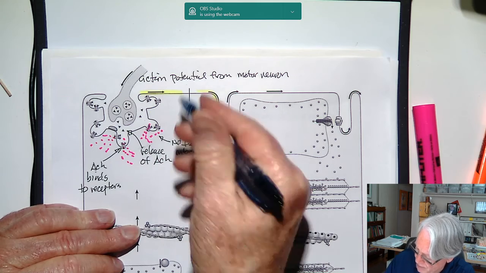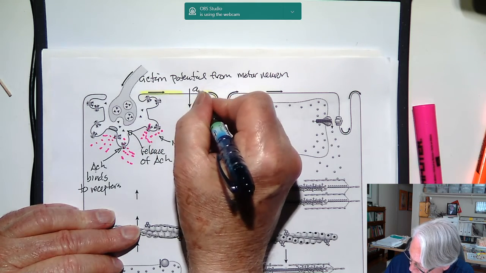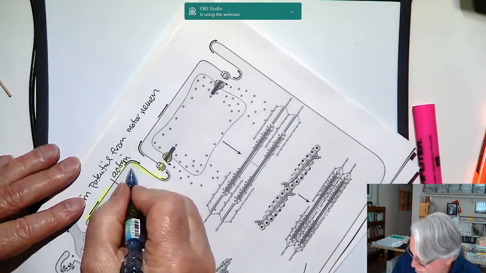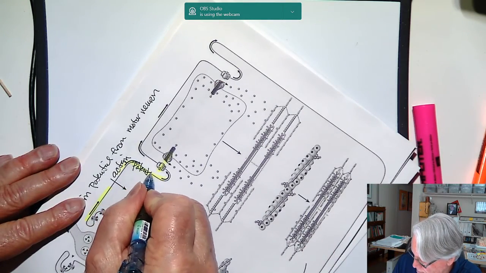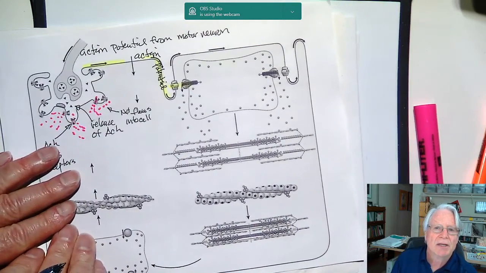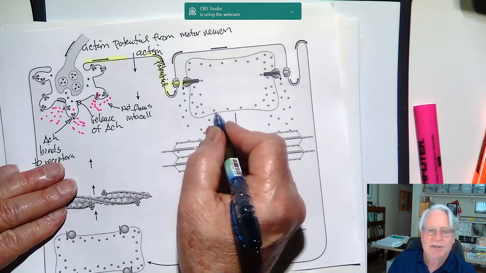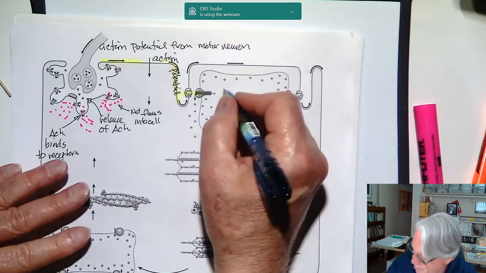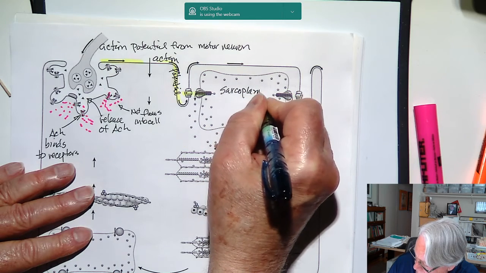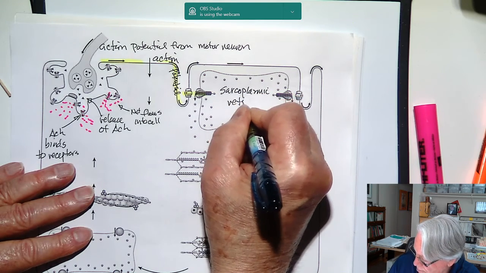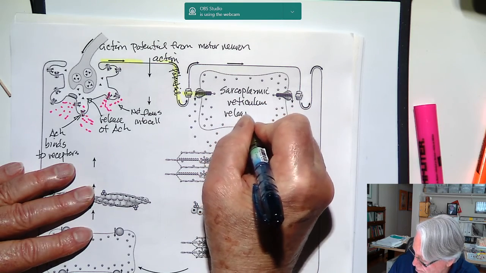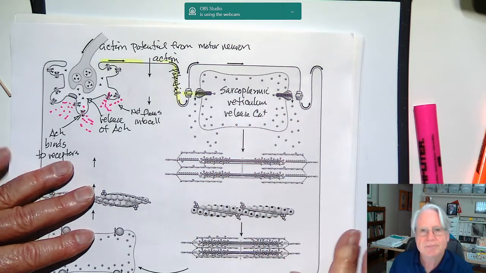So the action potential is moving down the T-tubule, and the sarcoplasmic reticulum will release calcium.